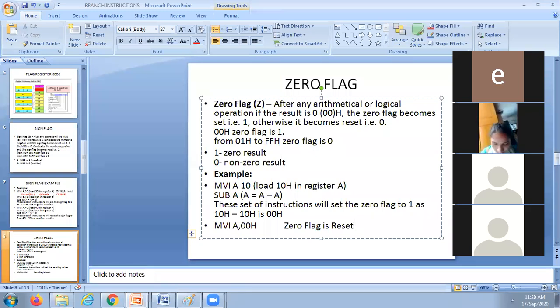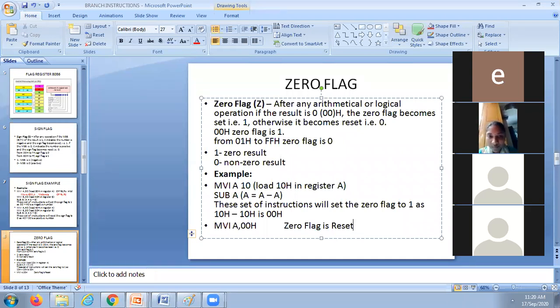The flag register or flag bits are affected only for arithmetic or logical instruction results. The flag register will not be affected for move instructions. Is it clear?